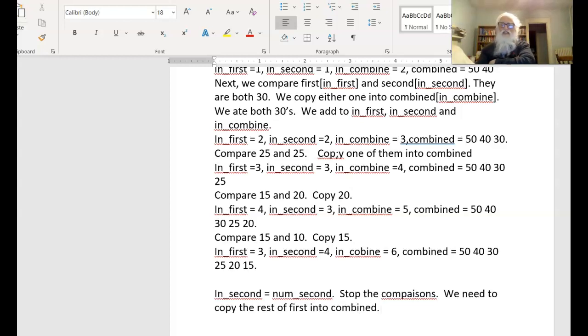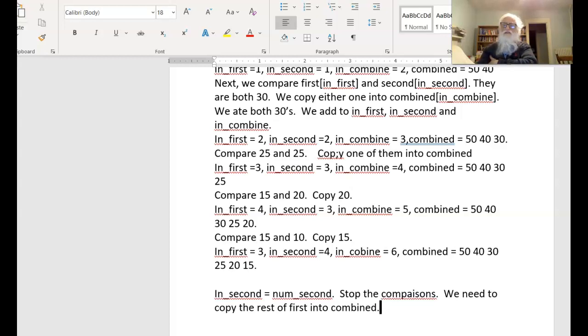Now, the way it's set up, at most one of them can be finished. It's possible that the last 2 were the same size and the last 2 were the same, and both of them are done.